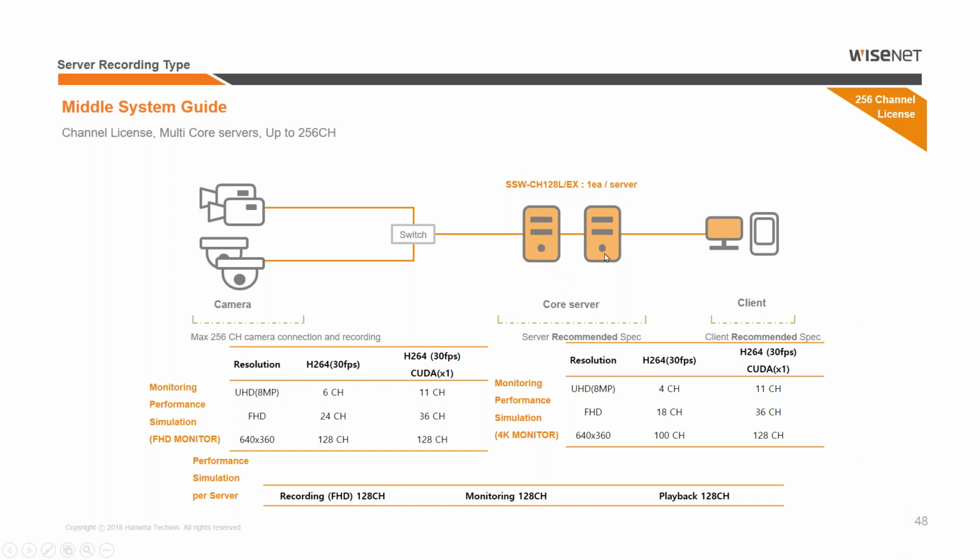So I need two HP servers with i7 16 GB RAM and install a 128 channel bundle license on each. In total, I will be purchasing 256 licenses. If you're buying XRP, PRP, you can forget about the license. It's already pre-licensed. But remember, I need two servers just for 256 because there's no NVR in between.